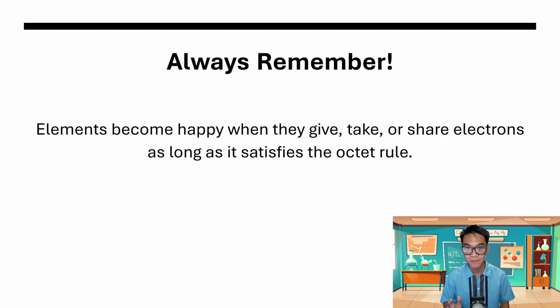It's their dream to be stable with 8 valence electrons. That's why chlorine takes 1 electron from sodium to complete the octet. And then sodium gives away the 1 valence electron because in its second energy level shell, there are 2s2 and 2p6. So 6 plus 2, there's a total of 8.